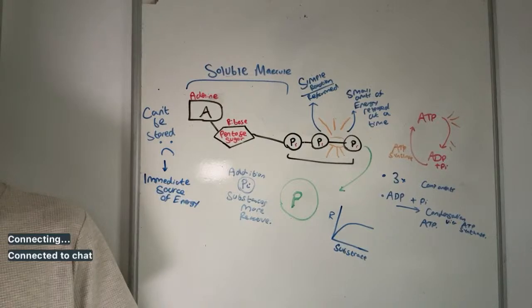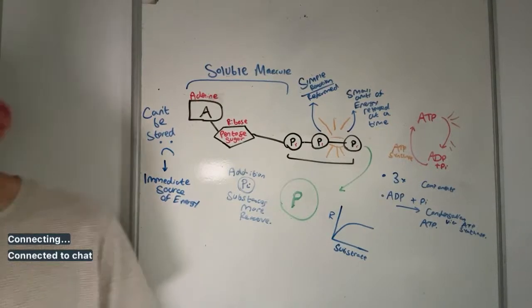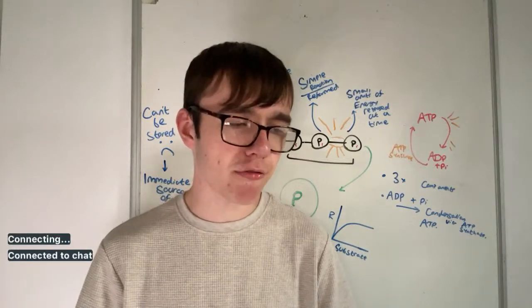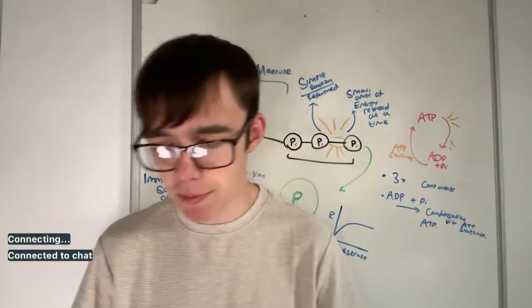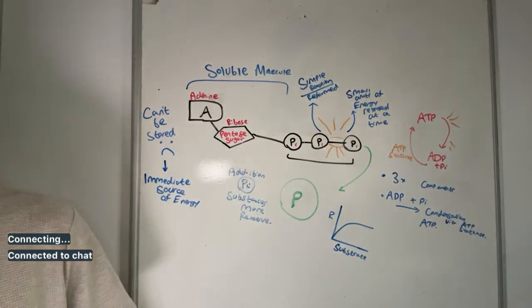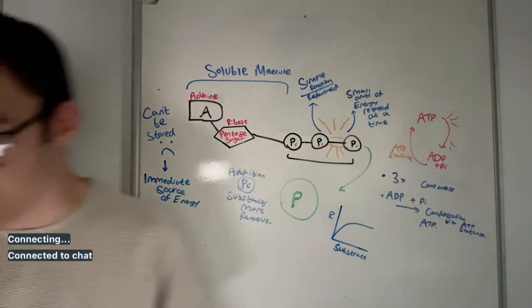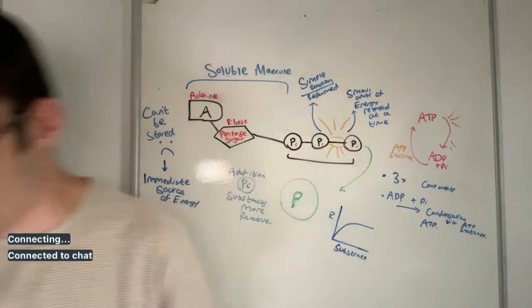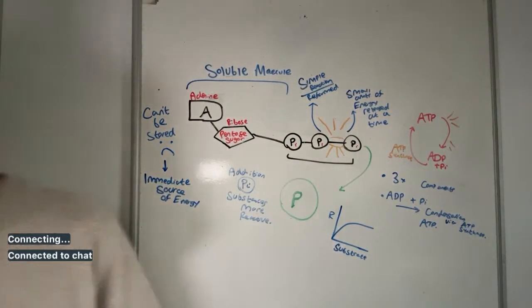And shall we say... I guess species that the muscle tissue is obtained from, or like the source of the muscle. I don't know how you would word it. Let's see. Species of muscle, species or organism a muscle came from. Temperature of the muscle tissue.